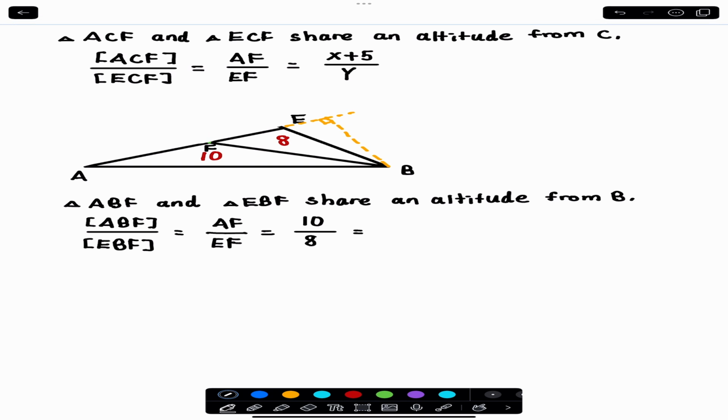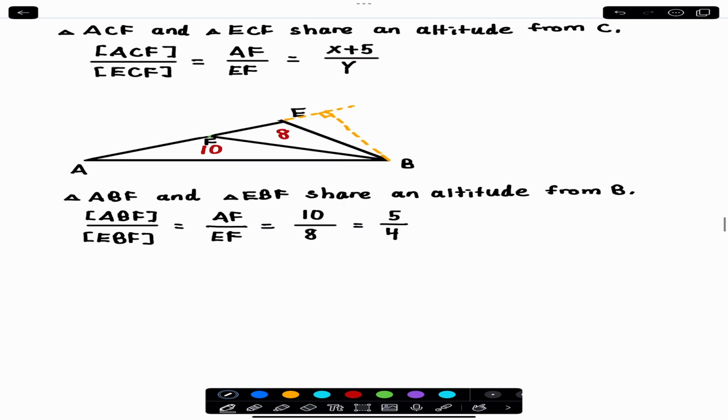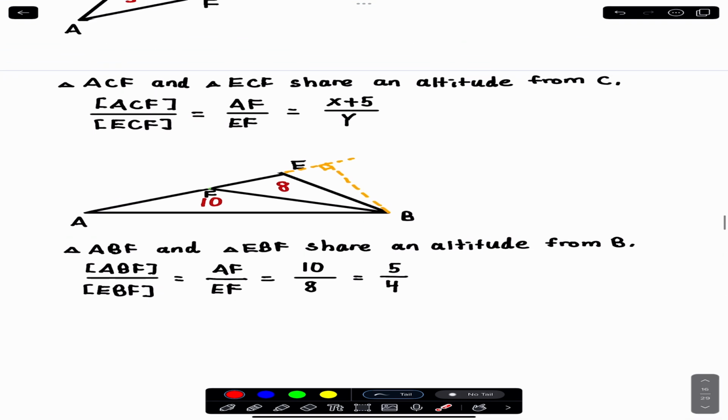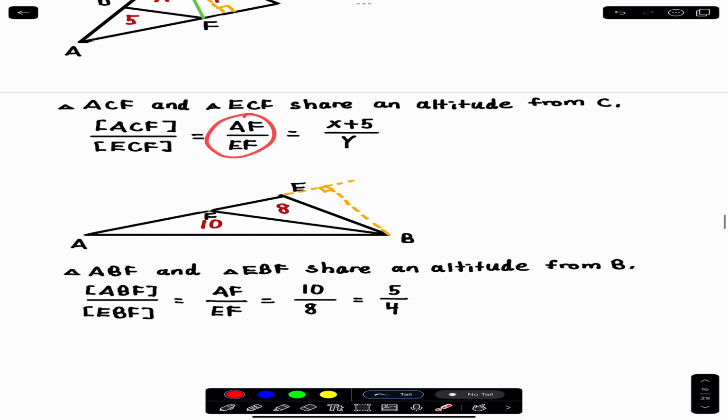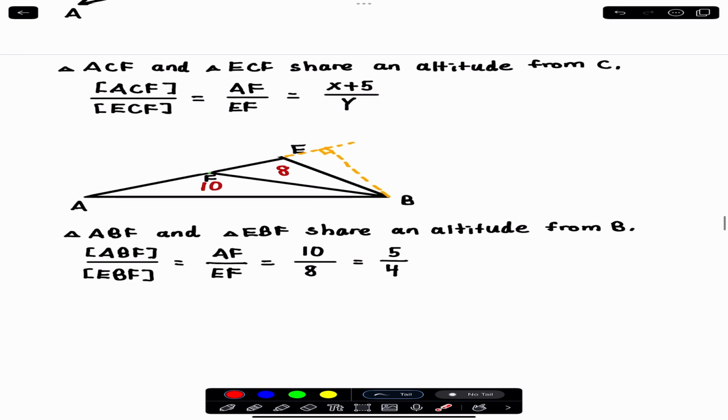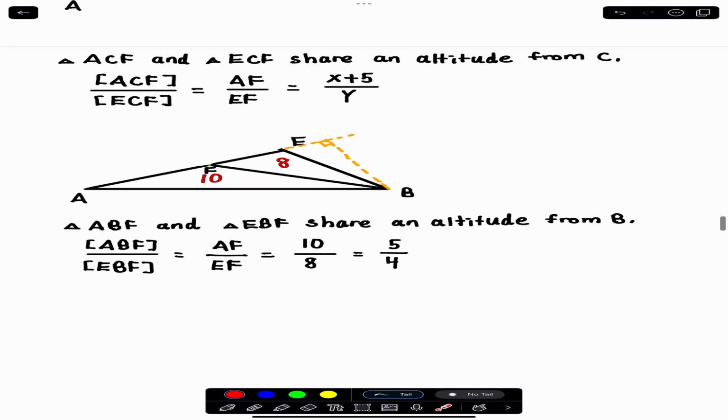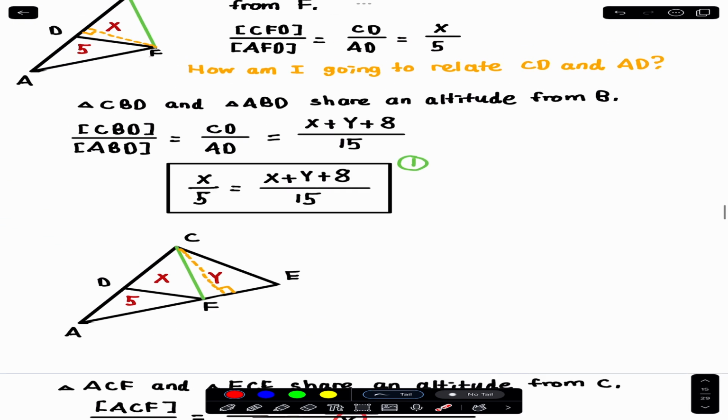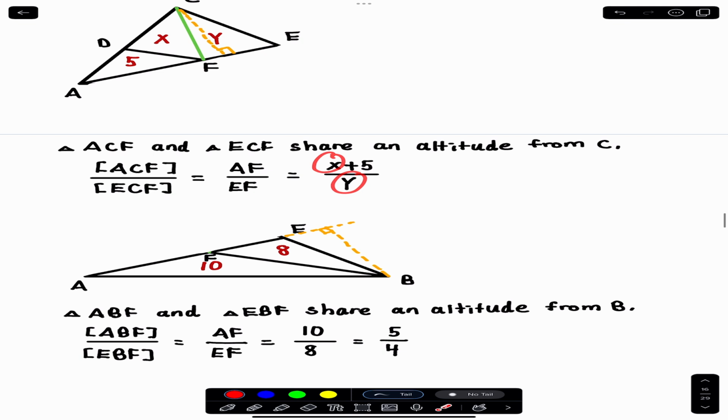And just for calculation purposes later, we can simplify that to 5 over 4. Again, the reason we did this, we need to relate AF and EF together. So now we have x plus 5 over y, and now we have a number, 5 over 4, so chances are very high we can find x and y if we combine it with this equation here.